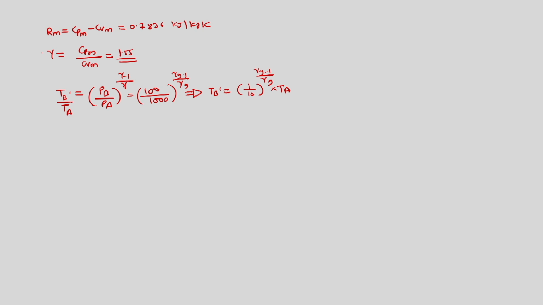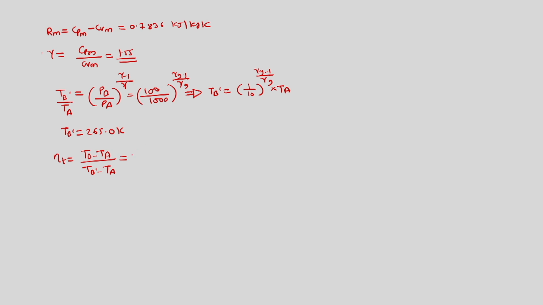So we can get Tb dash is equal to 265.0 Kelvin. So we know efficiency of turbine is Ta minus Tb divided by Ta minus Tb dash.